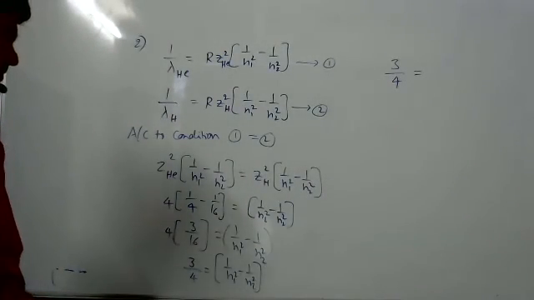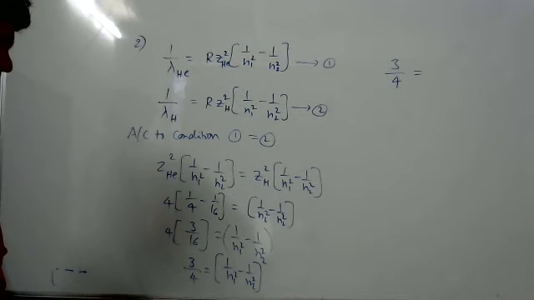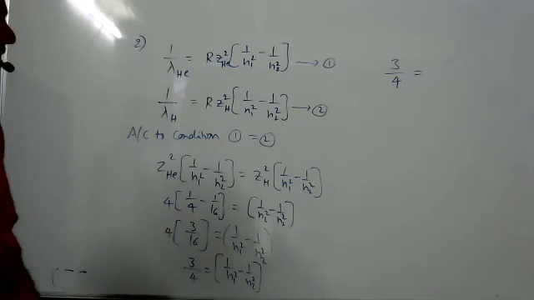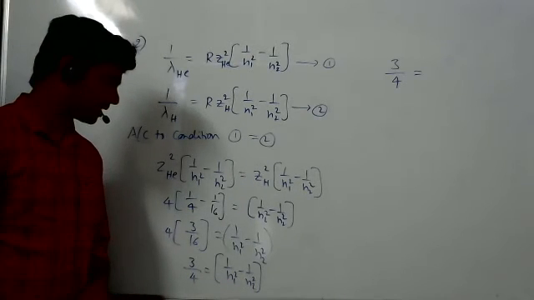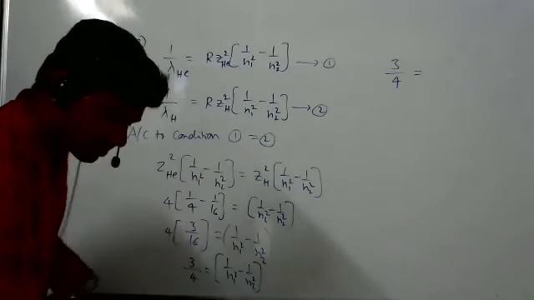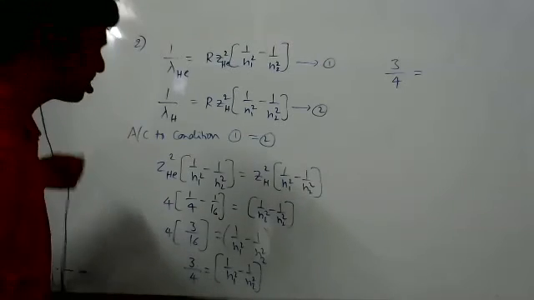Sir, if we divide the equation by 4, then by comparing we can easily get N1 is equal to 1 and N2 is equal to 2. I'm asking you, mathematically, is it possible to solve for N1 value and N2 value? Otherwise, we can predict, or else use the trial and error method. Sir, so trial and error method only we have to go.